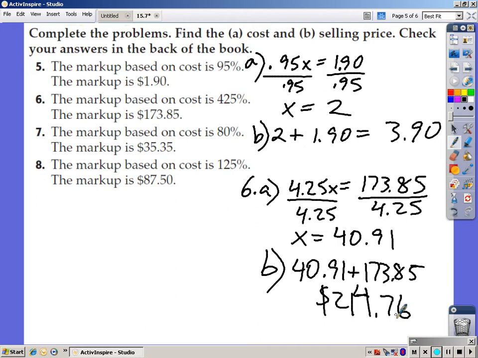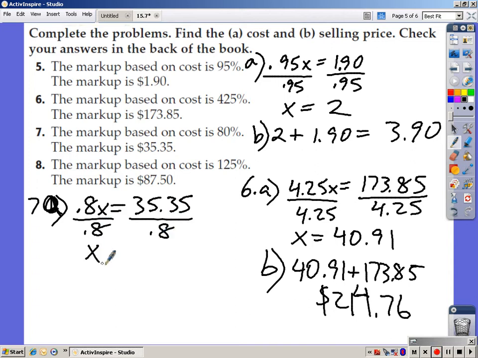Now, let's see. Got room for number 7 here. Number 7A comes first, not B. 0.8x equals 35.35. Divide both by 0.8. X equals 44.19.